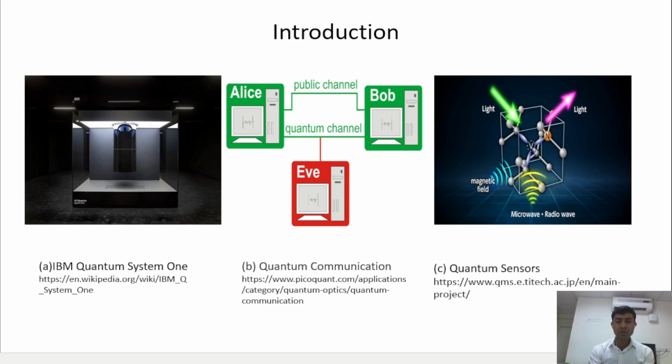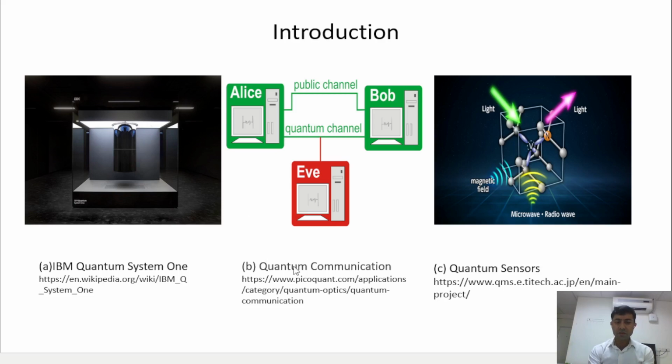Quantum computing is an area of study focused on the development of computer-based technologies which are based on principles of quantum mechanics such as superposition, interference, and entanglement.